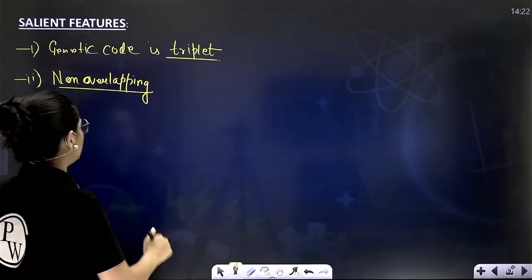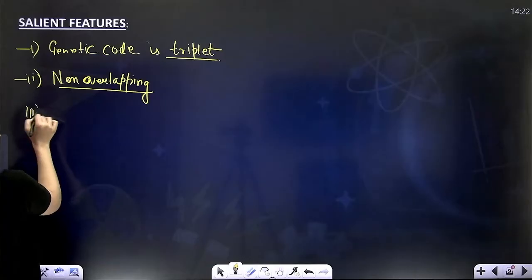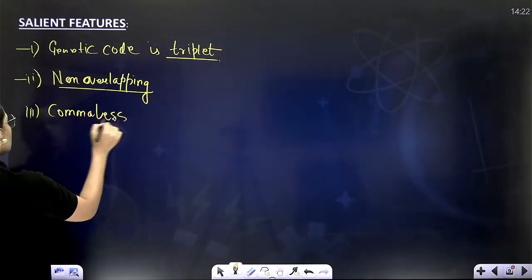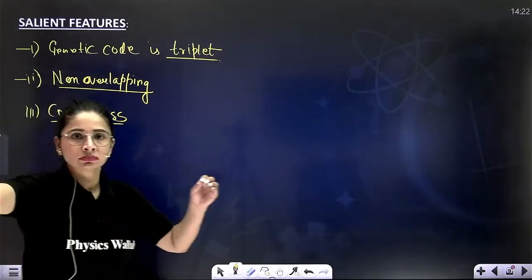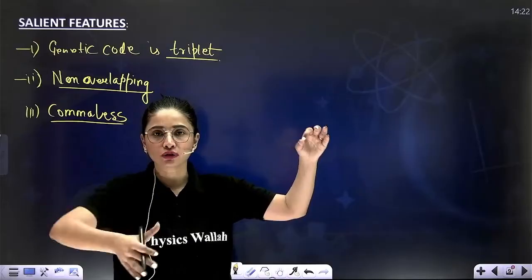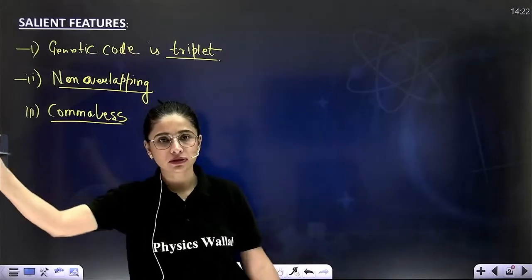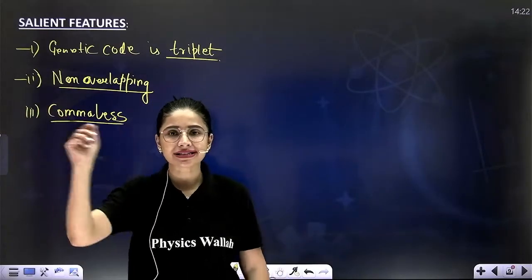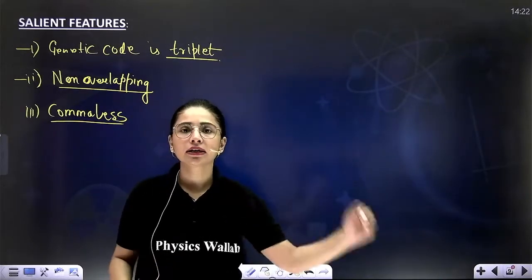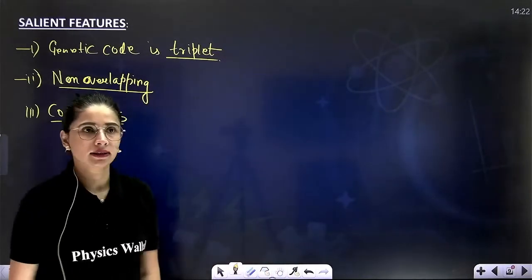Third, comma-less or punctuation-less genetic code. Once the process starts, it is not going to stop in the middle. The process of translation will only stop once the end point comes. That means genetic code is read in a continuous manner.